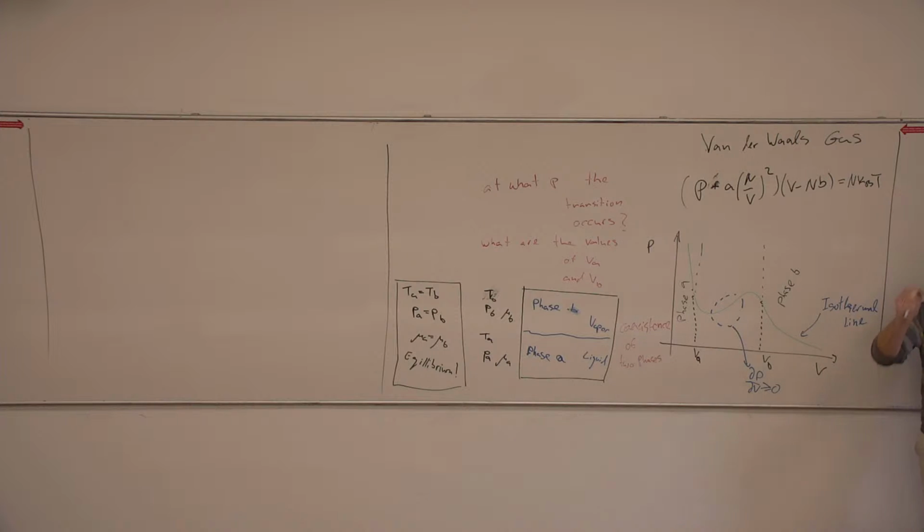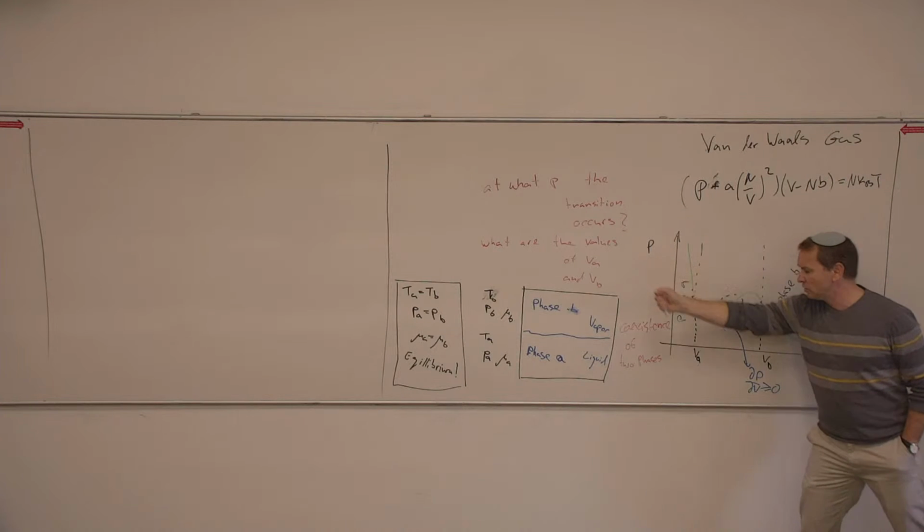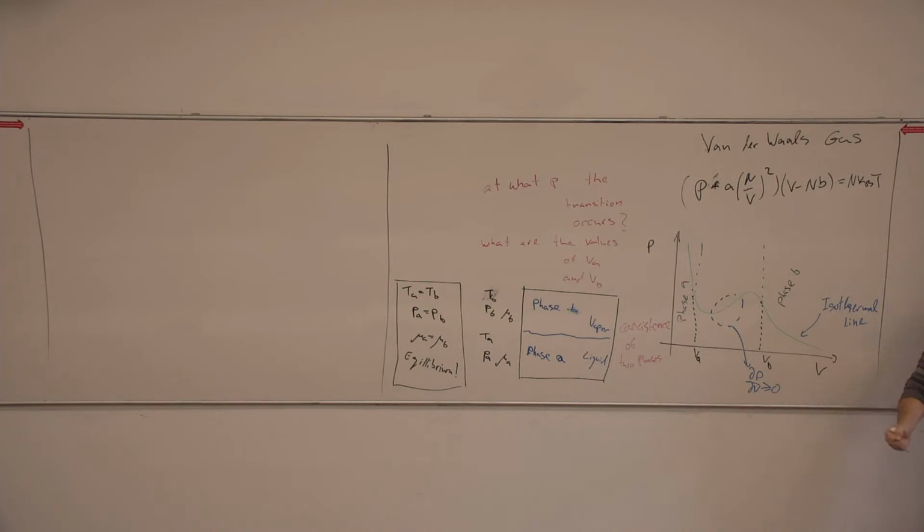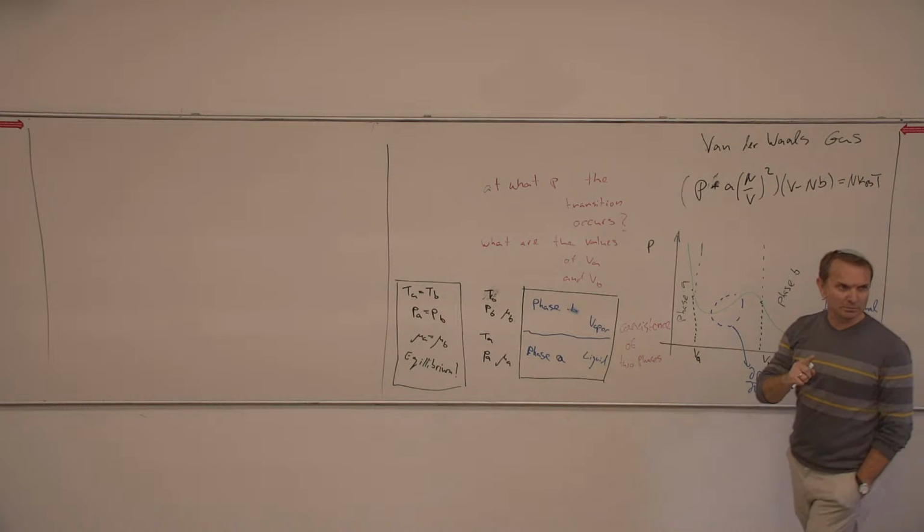Which means that I picked a specific temperature, I plugged it inside my equation of state, and out of the equation of state I obtained the connection between the pressure and volume. So I'm working with a specific temperature.